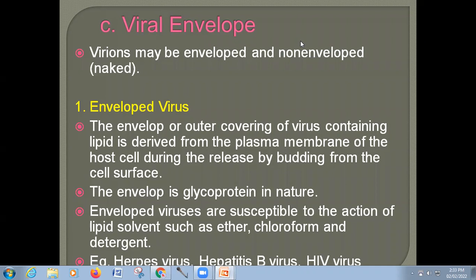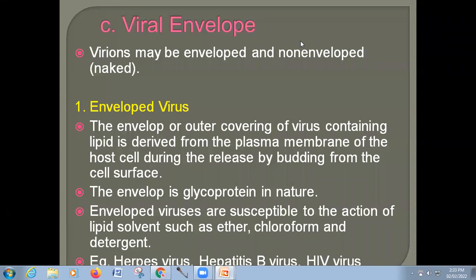and this is essential to release the virus from the host cell during budding at the cell surface. This envelope is made up of glycoproteins in nature.